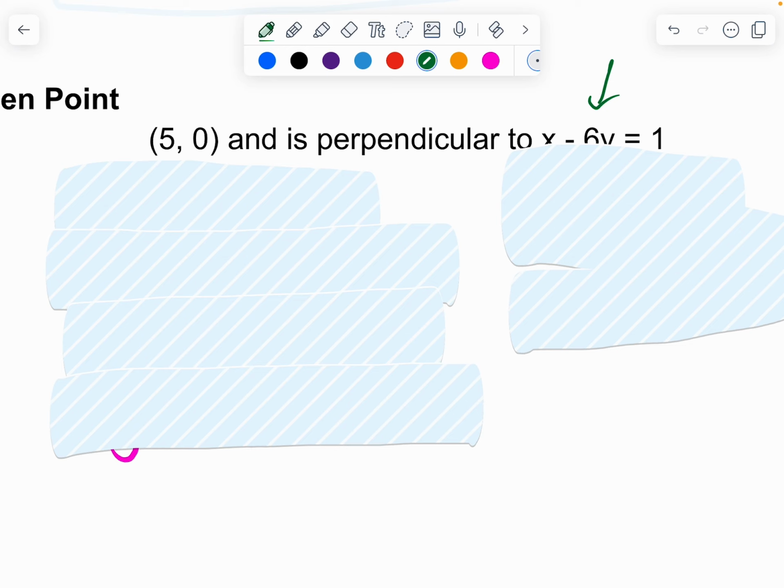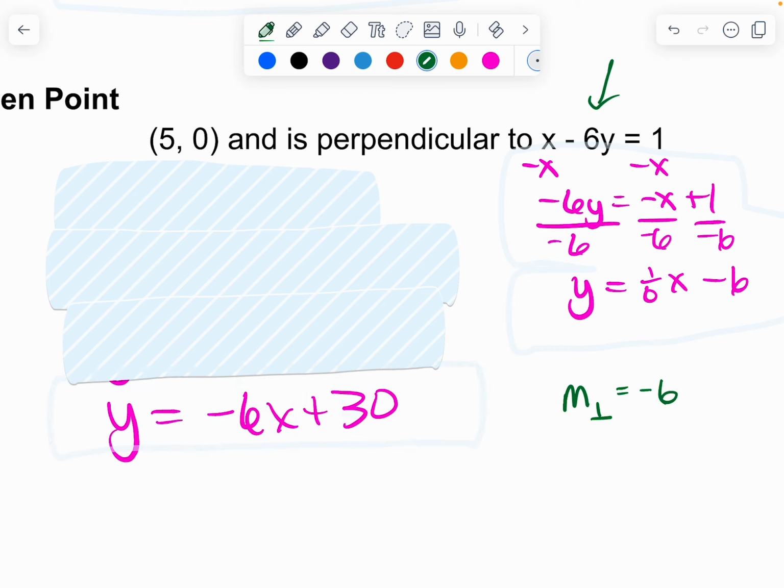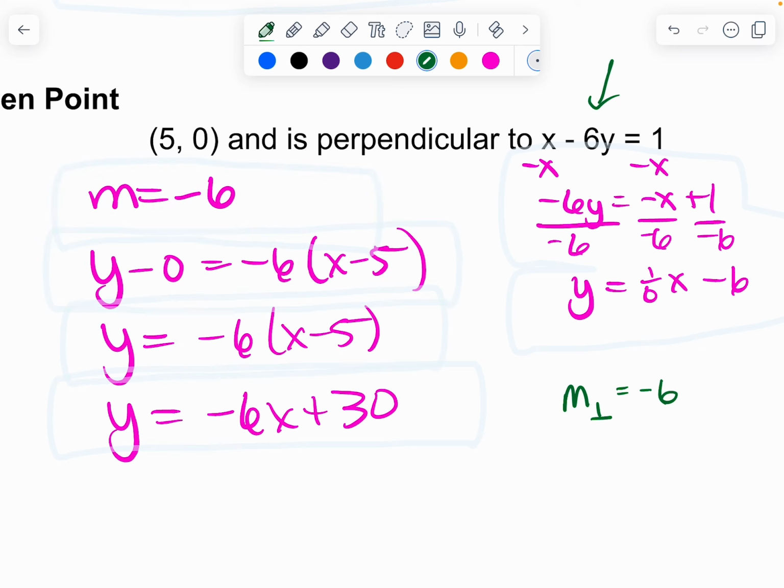Pause the video. So hopefully you found that the slope for this one is 1 over 6. So the perpendicular slope of that would be the opposite reciprocal.